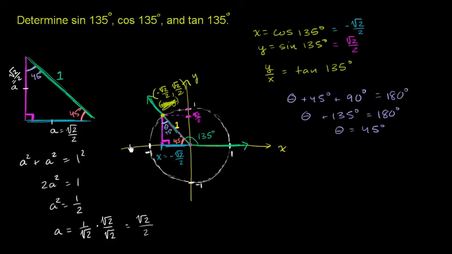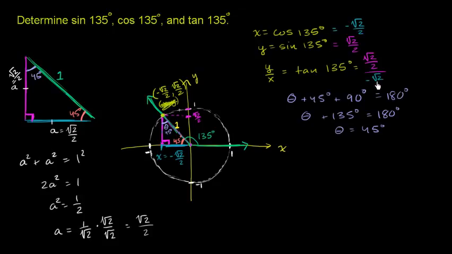And so my final question for you, and then we are done, is what is the tangent of 135 degrees? Well, we know it's just the y value over the x value, so that's going to be equal to the y value, square root of 2 over 2, over the x value, negative square root of 2 over 2.